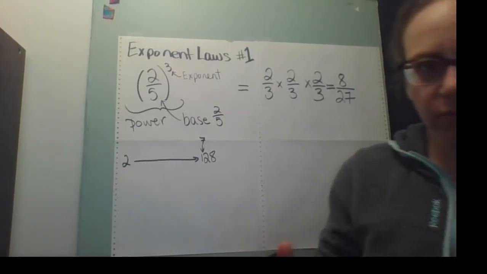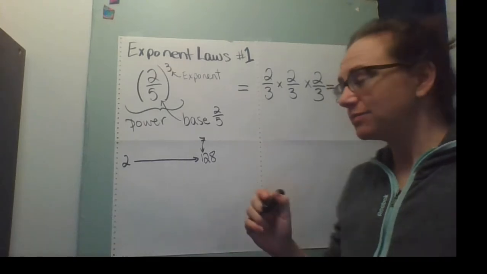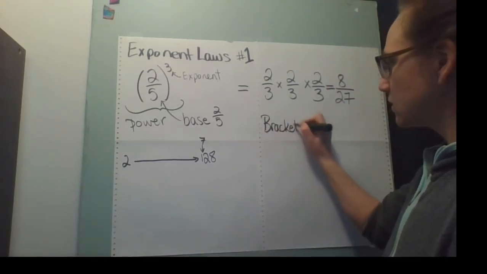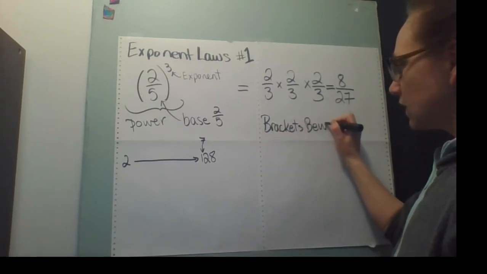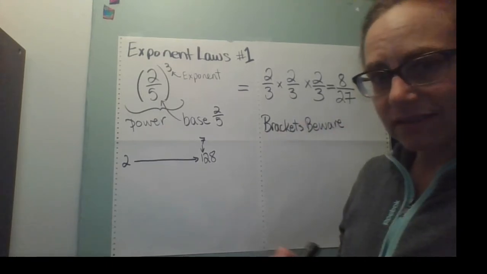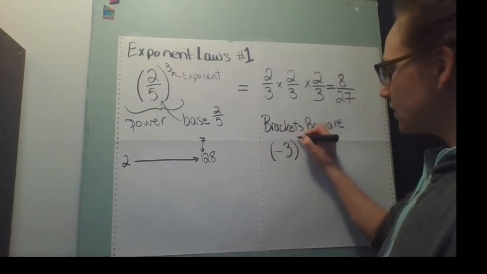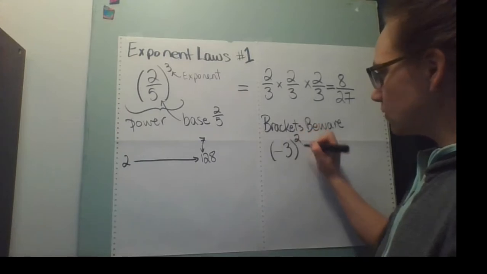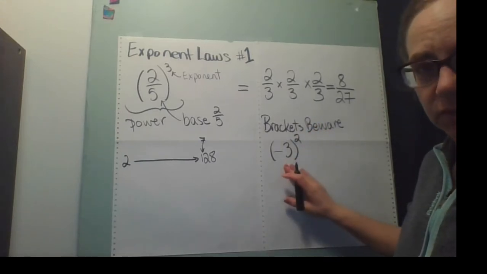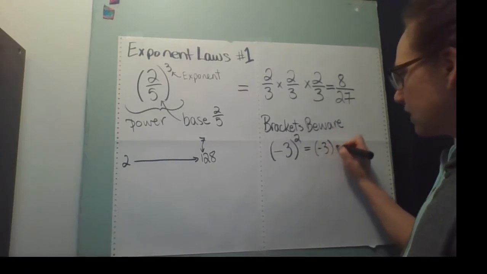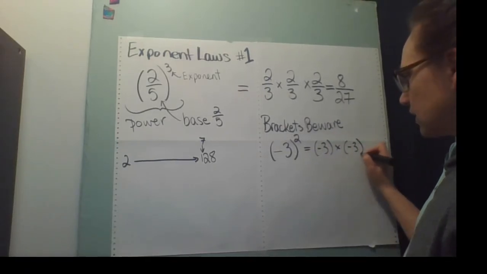Let's also make sure we remember about brackets. So brackets, beware. Very important. If the number is inside the bracket, so if I have negative 3 to the exponent 2, then I'm squaring all of it. So that means I've got negative 3 times negative 3.